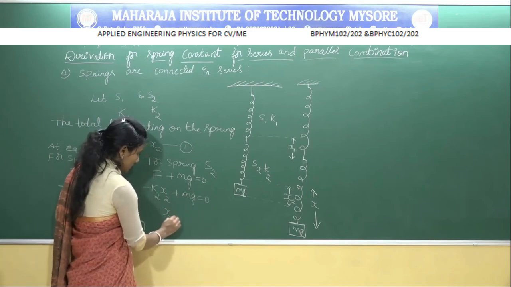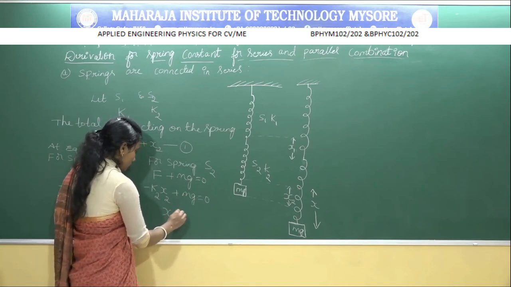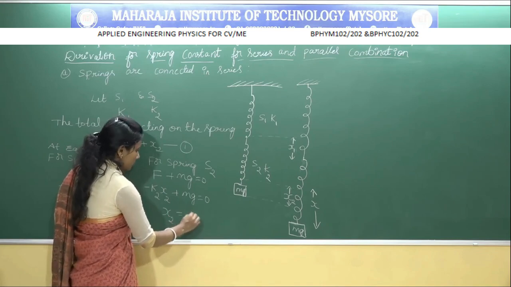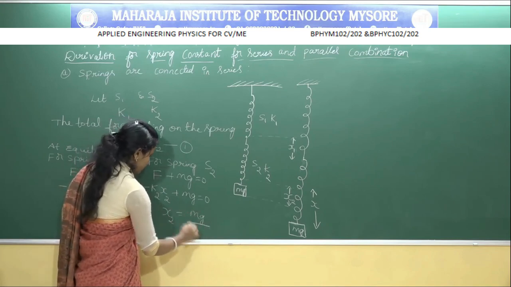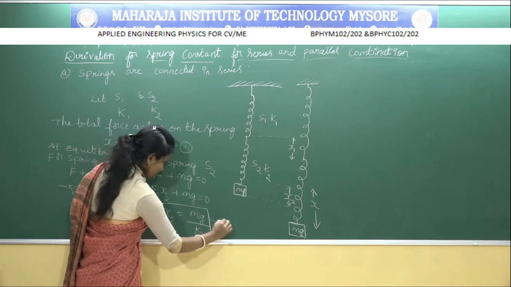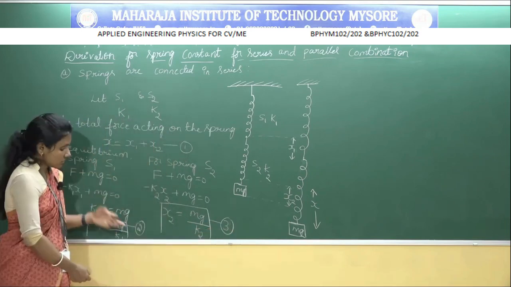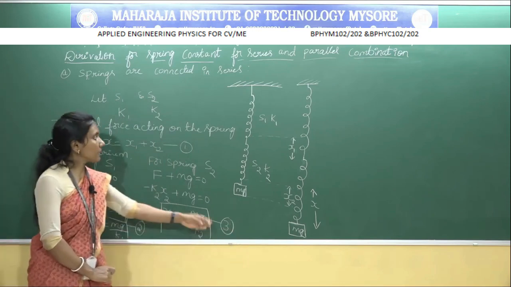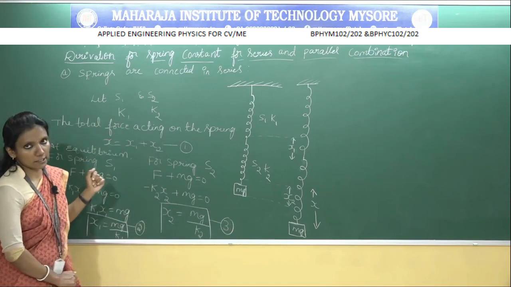So here also keep it in terms of x2. Then we will get x2 is equal to mg by K2. So this is equation number 3. Substitute equations 2 and 3 in equation 1.